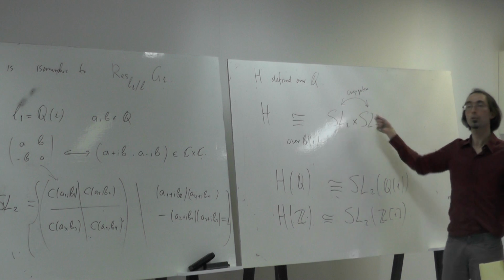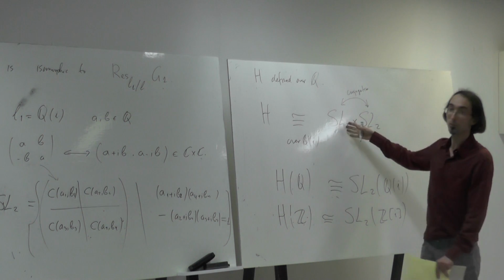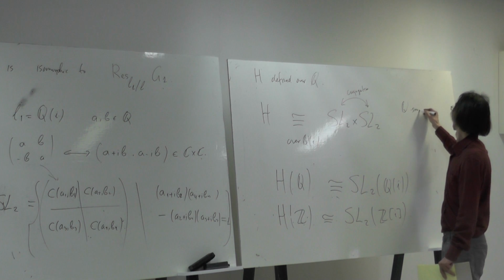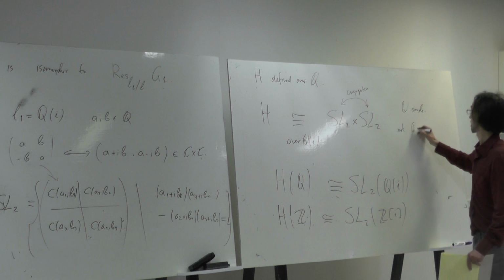These are the only normal subgroups. So H is Q-simple, but it's not K-simple, so it's not Q(i)-simple.